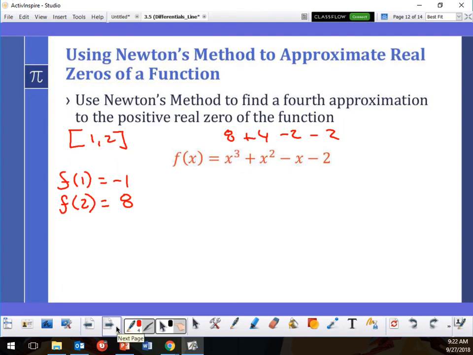So it would be f of 1.2, right? Minus f of 1.2 over the f prime of 1.2.